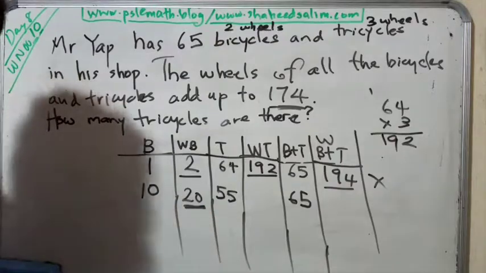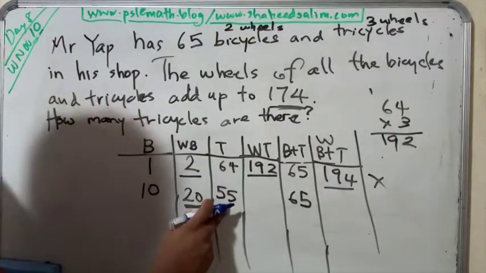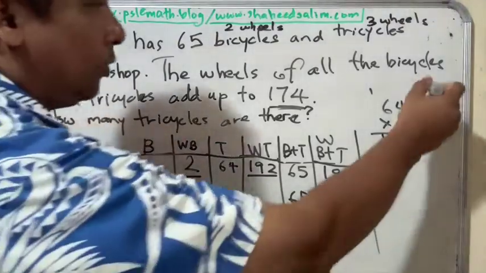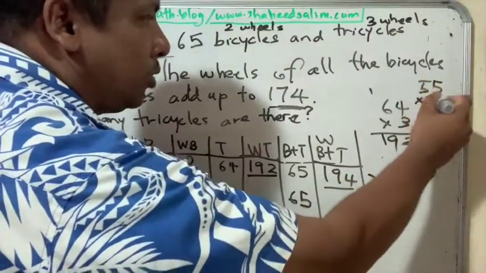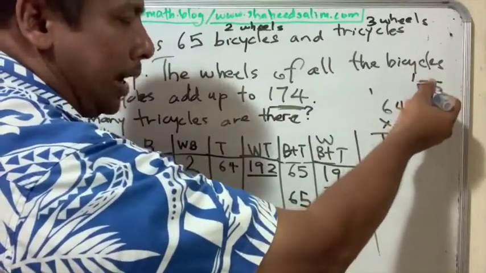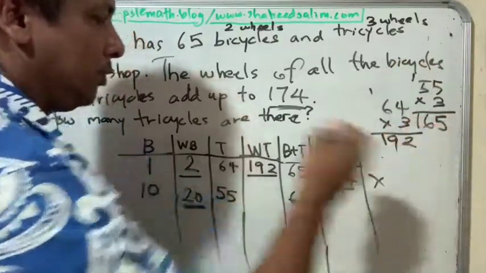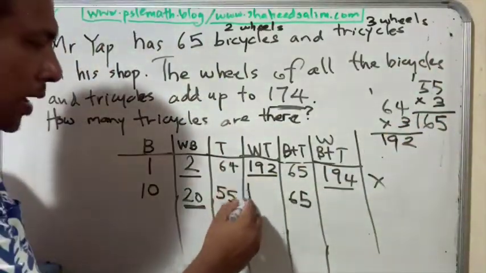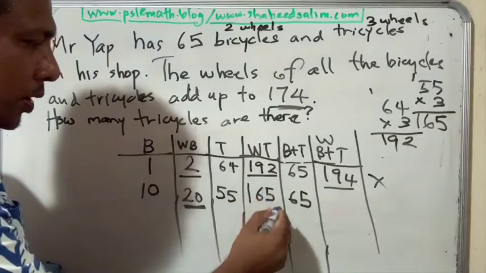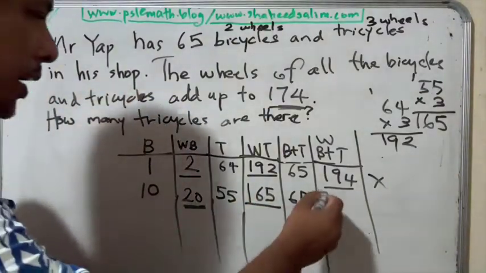Now, 55 tricycles would have how many wheels? 55 times 3, you get 165. 165 plus 20 is 185.